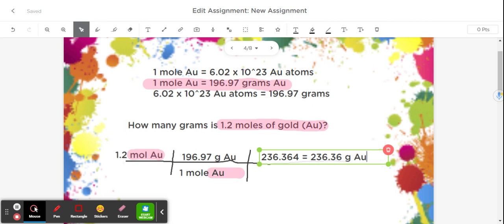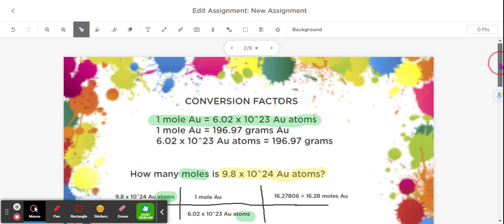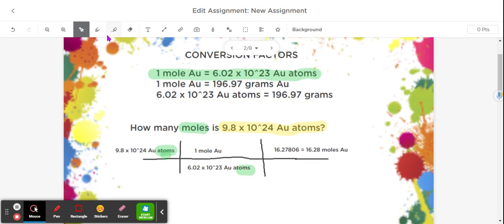Now I want to point something out to you guys. I always want you to think about units, but there's kind of this check that you can do. I'm going to jump back through the slides that we just did and worked problems on.